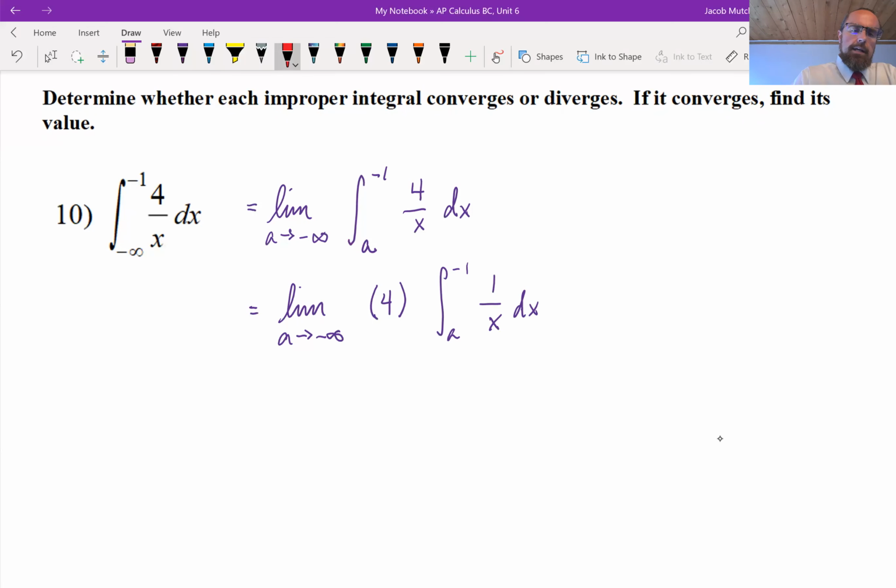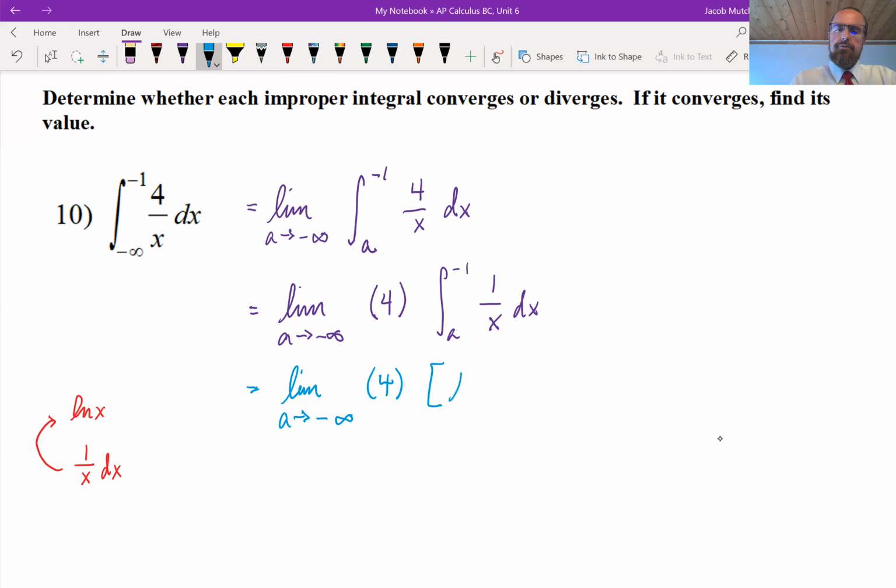If I've got a derivative of 1 over x dx, the antiderivative is going to be the natural log of x. So let's integrate here. This is going to be equivalent now to the limit as a approaches negative infinity of 4 times the natural log of x evaluated from a to -1.